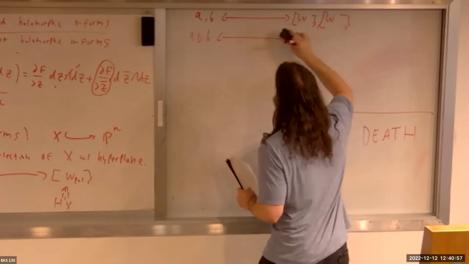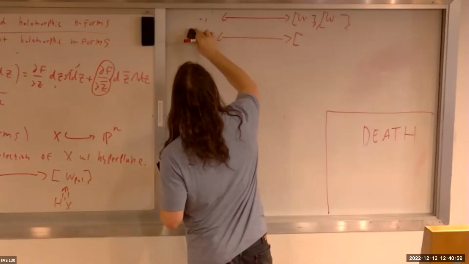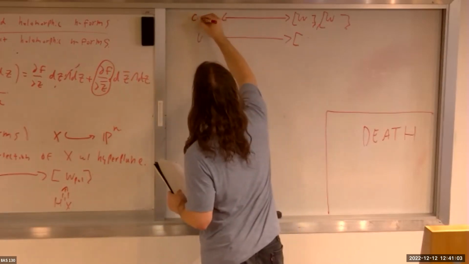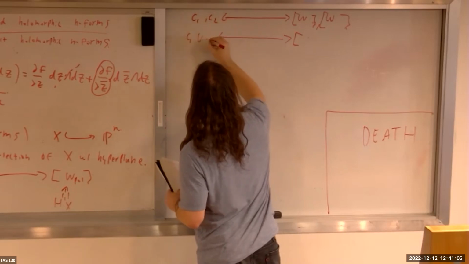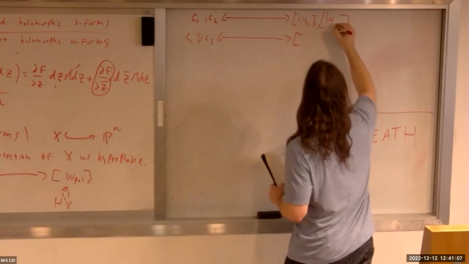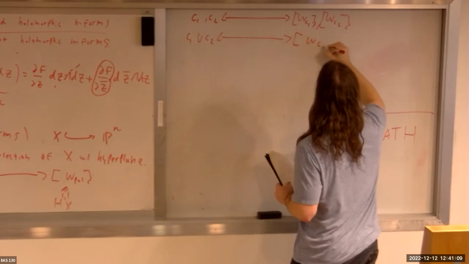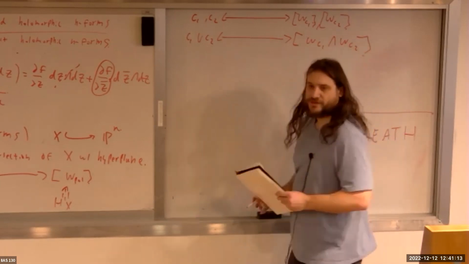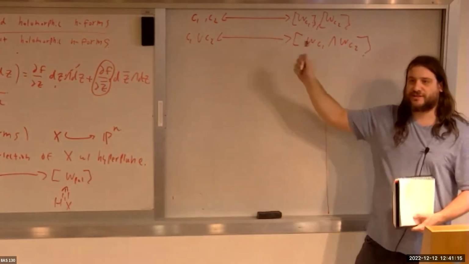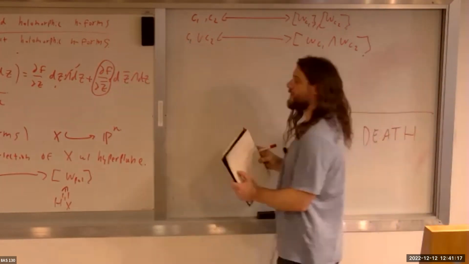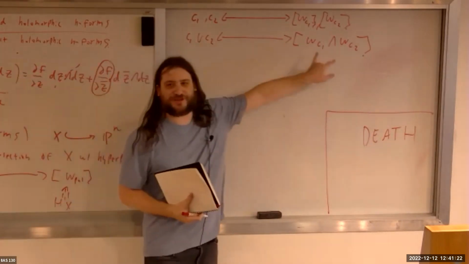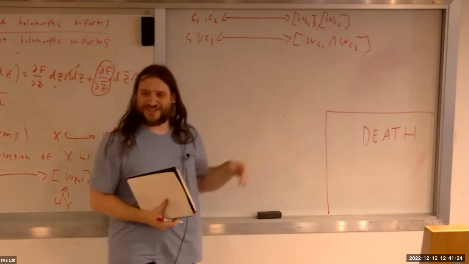Let's give them different names. Let's call them cohomology class 1 and cohomology class 2. Then this respects the cup product as the exterior product on the differential side. A good sanity check is they're both symmetric with the same sign, as they should be.